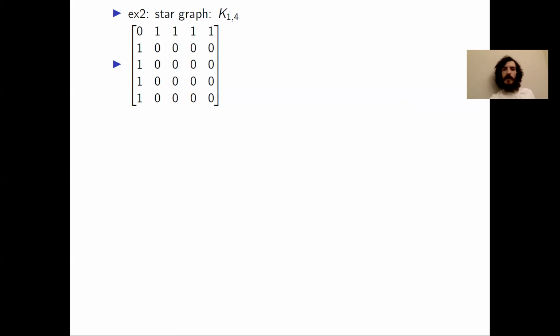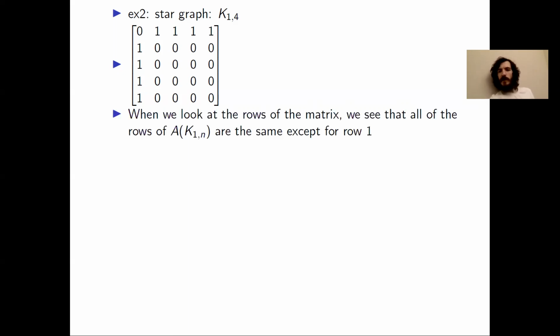Given the fact that row 1 is the only different row, and rows 2 up to n plus 1 are all the same, it's reasonable to guess the eigenvector is going to be like this. In other words, the eigenvector is going to have first entry equal to some x, we'll say, and then the rest of the entries will be equal to some y.